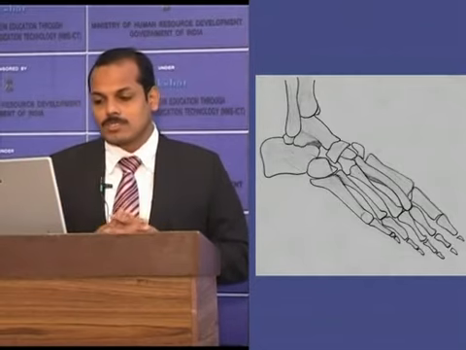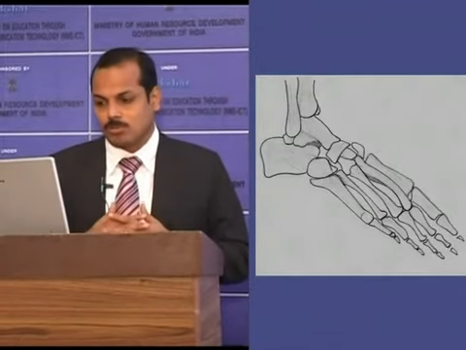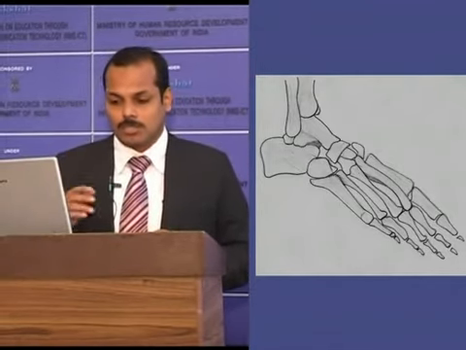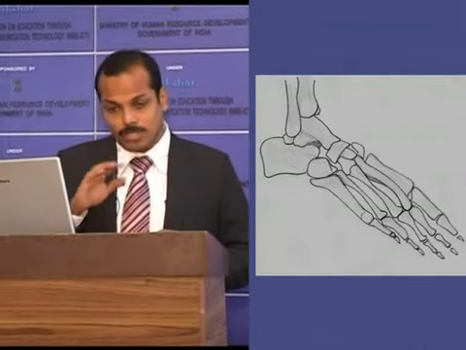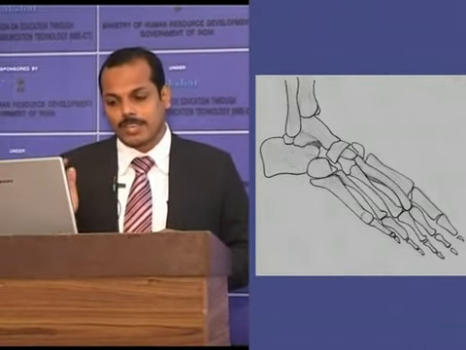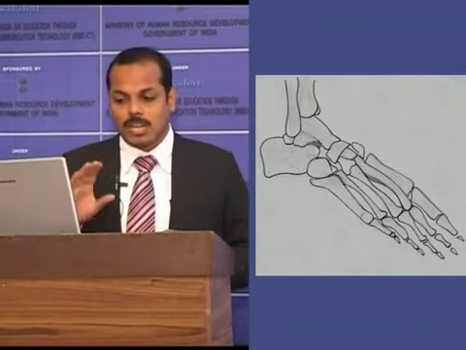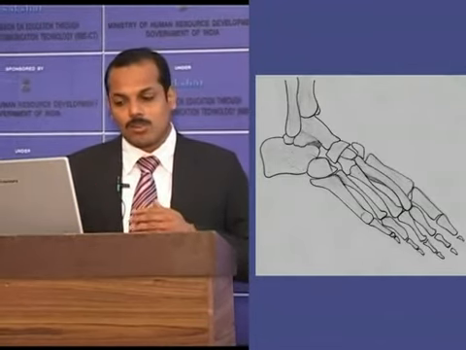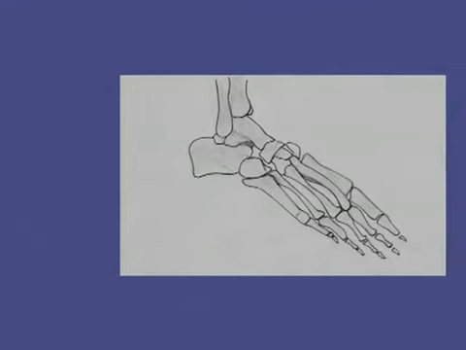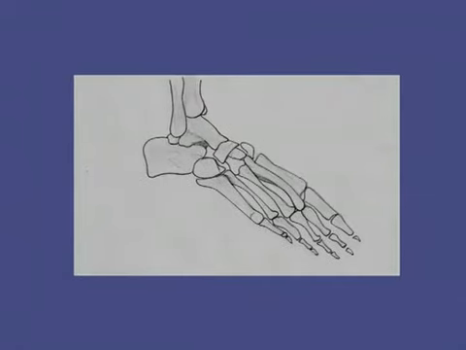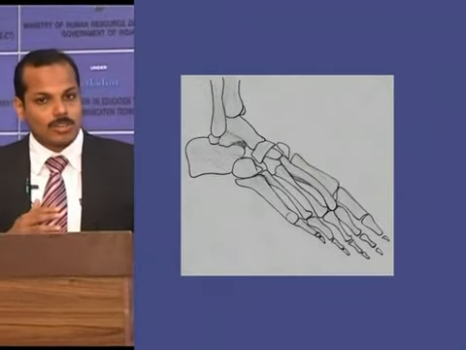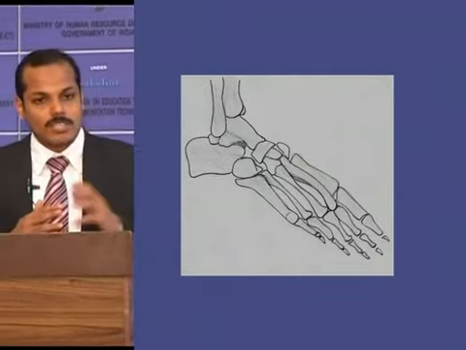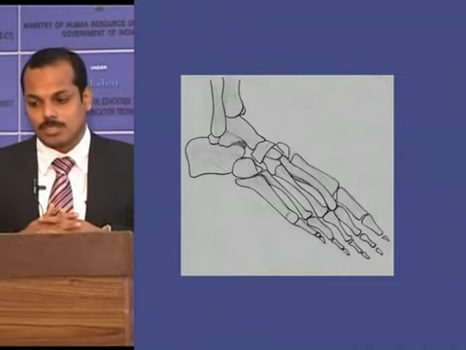The major joints in the ankle and foot complex include the tibiofibular joint, the talocrural joint or ankle joint, the calcaneal joint, which is also called the subtalar joint, the talonavicular and calcaneocuboid joints, also called the transverse tarsal joint, the metatarsal joints, metatarsophalangeal joints and interphalangeal joints.